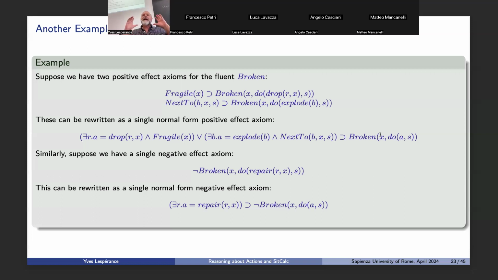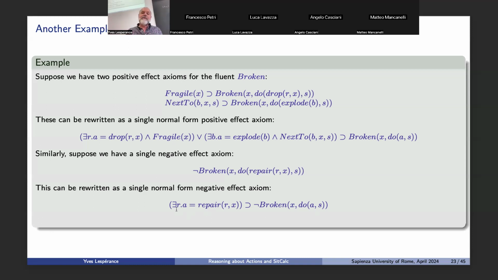So you take the effect axioms for every action that makes the fluent become true, and you combine them to get this normal form, positive effect axiom. Maybe for broken, we have a negative effect axiom that says if the robot repairs X, then it becomes not broken. So I can put this in the normal form, and I have to have not broken X do A S. So this goes on the left-hand side.